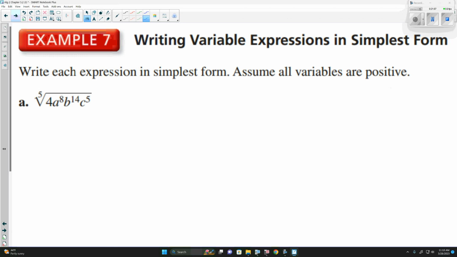No. So that means not everything is going to simplify out of the radical. There will be some that do, so there's going to be some variables or numbers that can come out of the radical, and some that are going to stay inside. Now the first thing we can do is split these into the different parts.